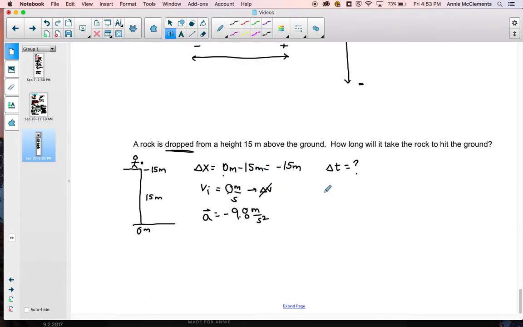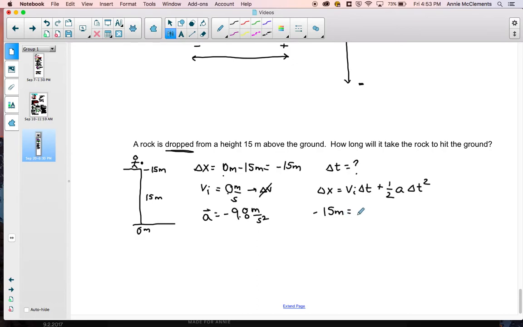Copy that down here just for memory's sake. So that's delta x equals our velocity initial times delta t, plus 1/2 acceleration times delta t squared. Okay, so now you can plug in the numbers or manipulate the equation.